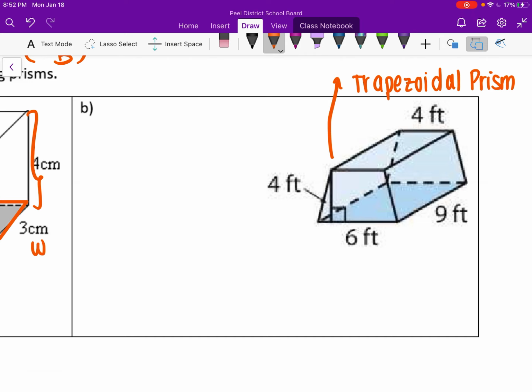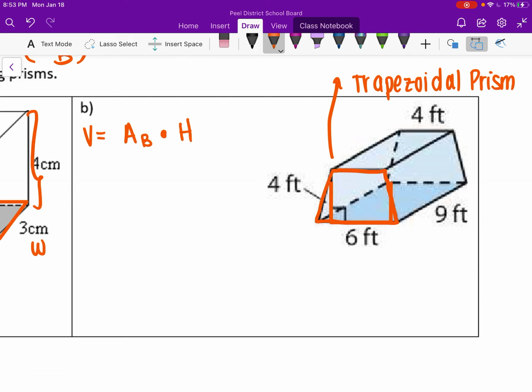So how we would find this is we would use volume equals area of the base multiplied by height. We've got to figure a few things out. One, what is the height? I know that this is my trapezoid.